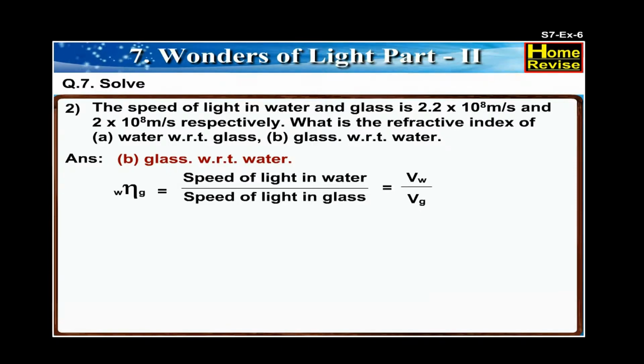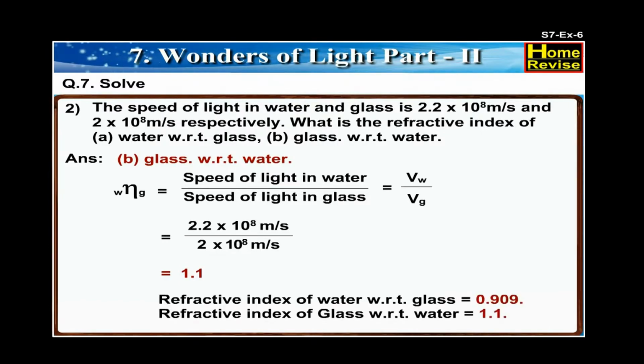Substituting the values, 2.2 into 10 raised to 8 meters per second upon 2 into 10 raised to 8 meters per second, which equals 1.1. Thus, refractive index of water with respect to glass is equal to 0.909 and refractive index of glass with respect to water equals 1.1.